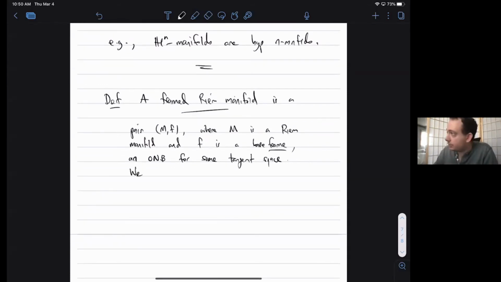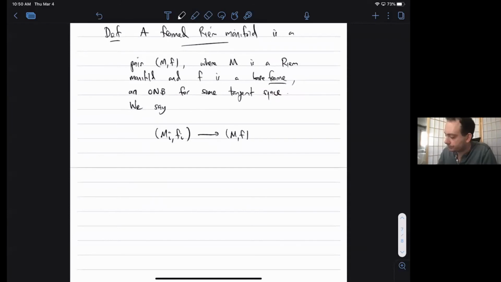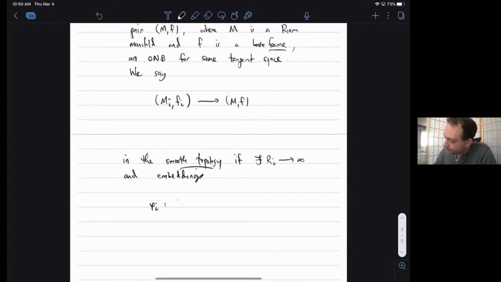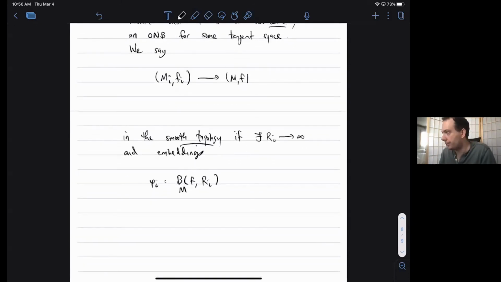And then we say that a sequence (M_i, F_i) converges to (M, F) in the smooth topology if there exist bigger and bigger radii R_i, and embeddings phi_i from the ball in M of radius R_i around F into M_i.